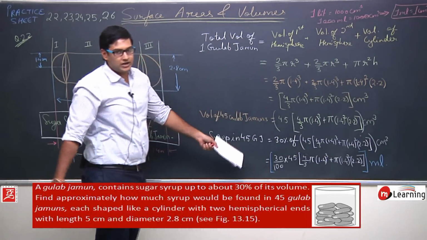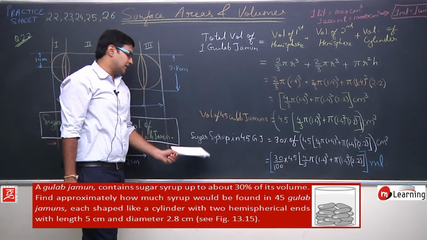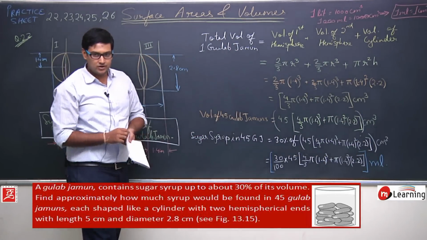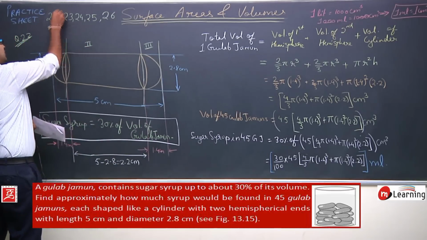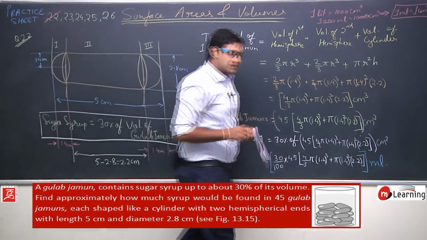Just calculate the value of this volume and you will get the sugar content in 45 gulab jamuns. So this is the solution for question number 22. Okay, so you can note this, then we will continue.